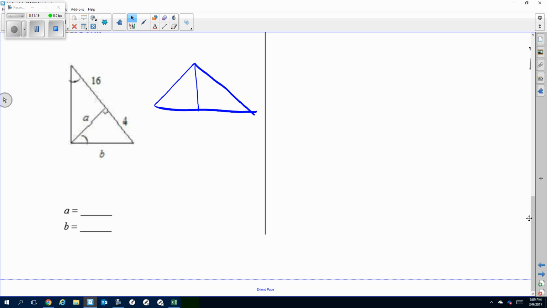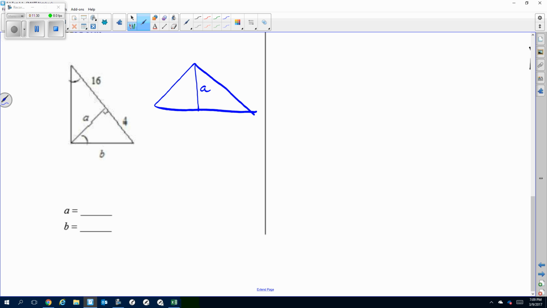Because so many of y'all did well on 15, we should do well on 16 as well. So I'm just going to put the labeling. We have an A here. The B is now over here. If I rotate it over, this is 16 and 4, and you still got heartbeat. As long as you know this is the altitude, you do heartbeat with altitude. So you go up and down. That would be 16 to A equals A to 4.